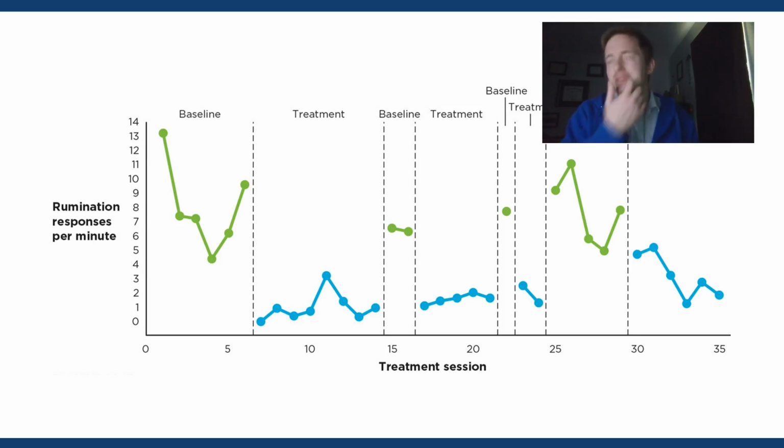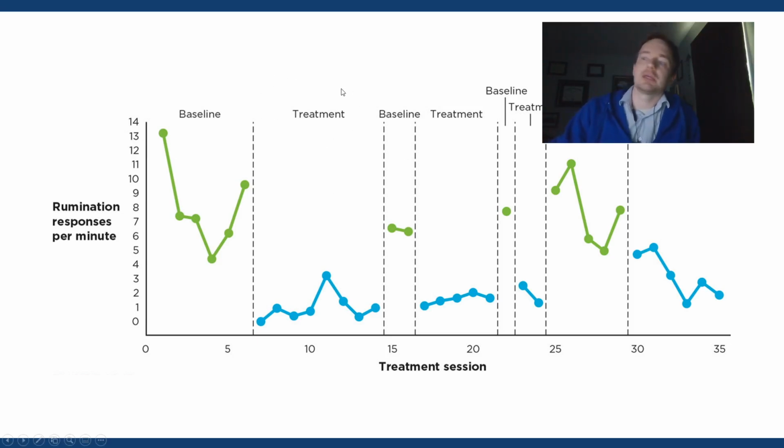In this case, I believe that this was somebody who was obsessed with germs. And so what we're looking at here is how many times per minute they have a thought about washing their hands. So in this case, you can see in baseline, before we introduce any kind of treatment, it is pretty high, in some cases 13 times a minute, 9 times a minute. That's very, very frequent. You can understand how that would disrupt somebody's life.